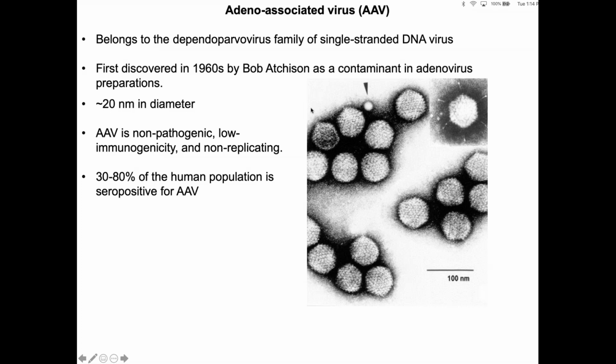However, the drawback is that if patients have been previously exposed to AAV, they may have pre-existing immunity to the vector strategy. So a lot of what is ongoing in the AAV field is to develop new vector strategies to circumvent this immune response.